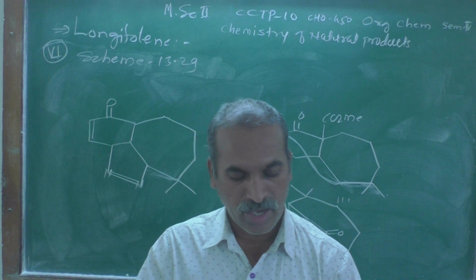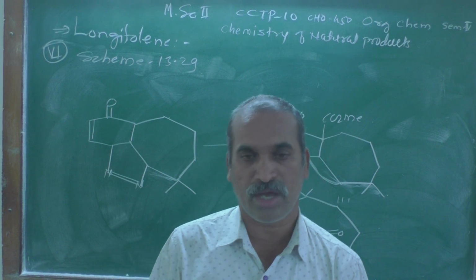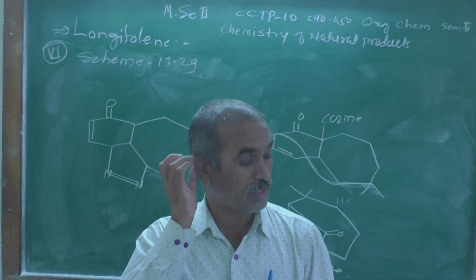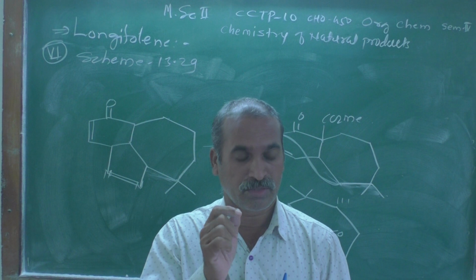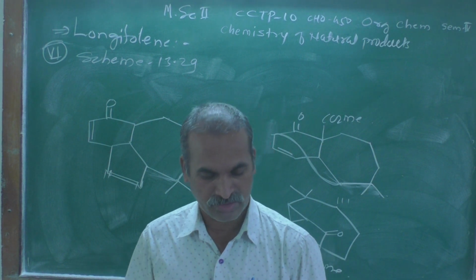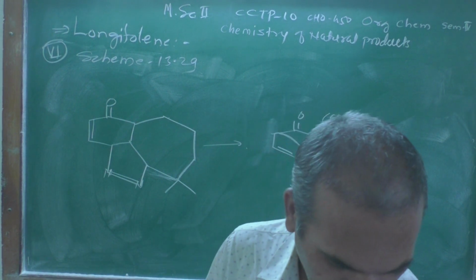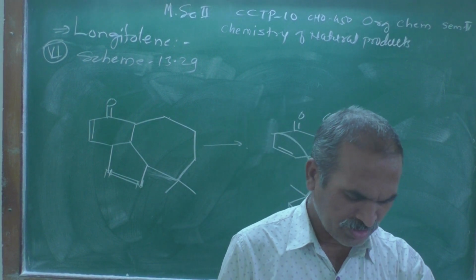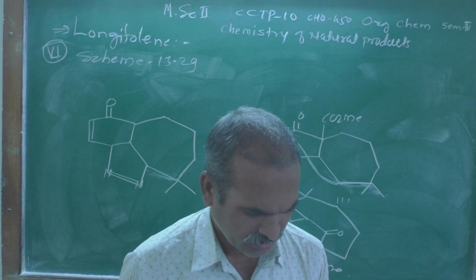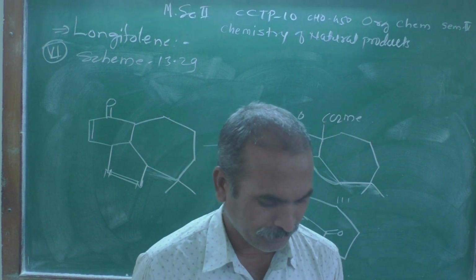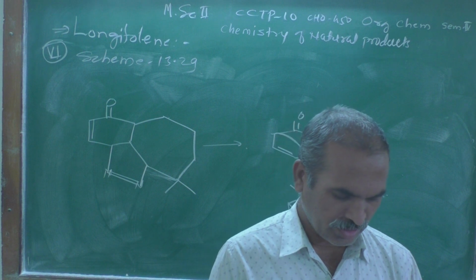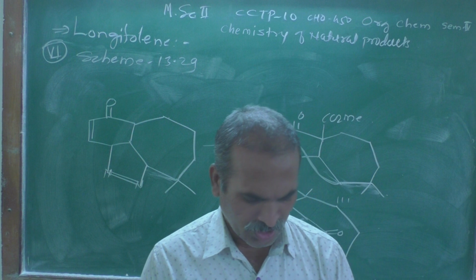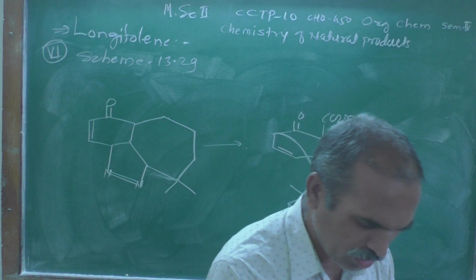There we had taken the Wieland-Miescher ketone as the starting material. Now the synthesis in scheme 13.30 was also done in such a way as to give enantiomerically pure longifolene.